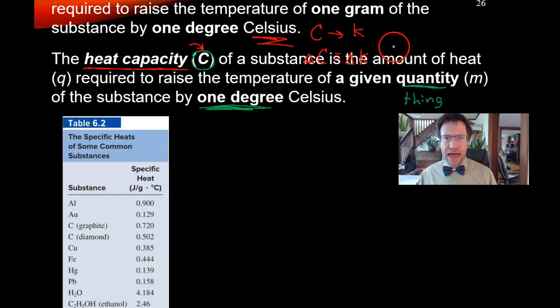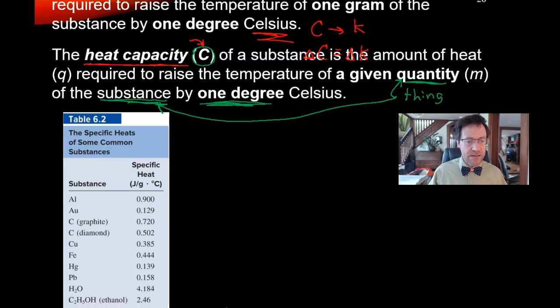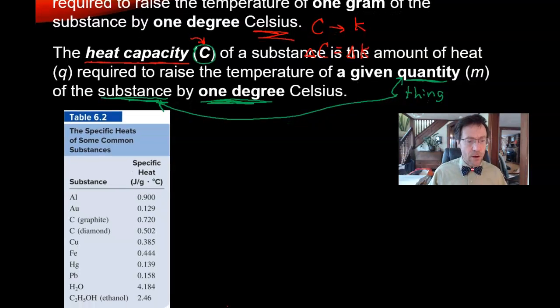So the official academic definition has a given quantity of a substance, but they really mean a thing. I hope that makes sense to you guys. And it may very well, as we dig into this a little bit further.